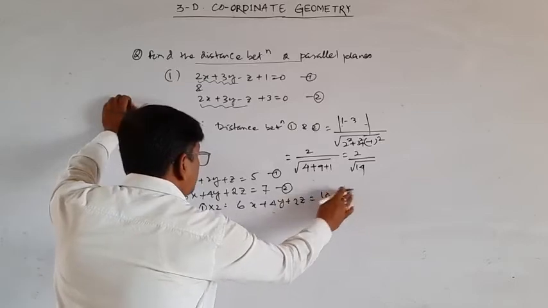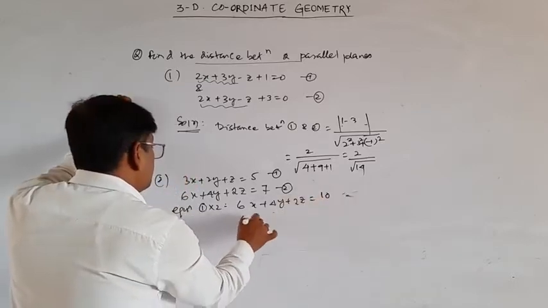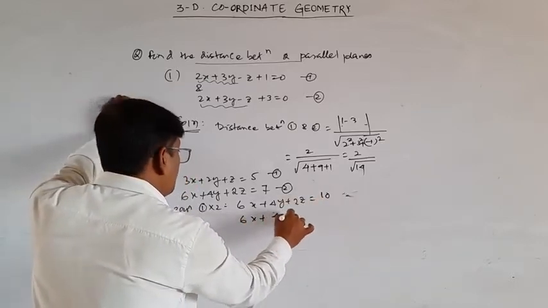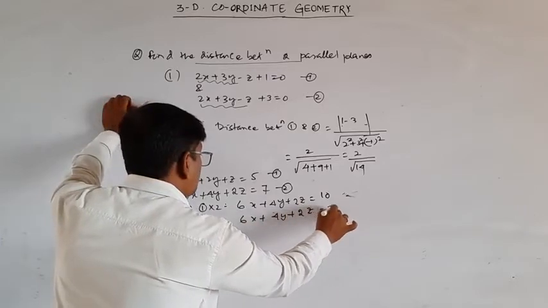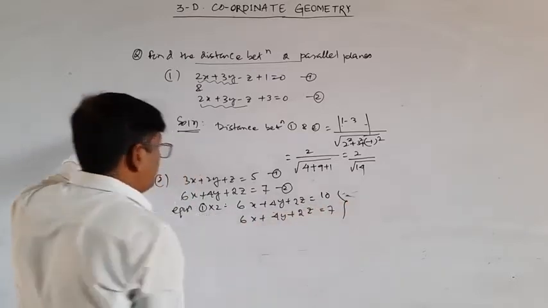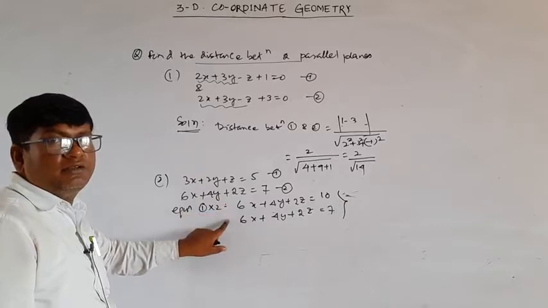It reduces to this, and 6x plus 4y plus 2z is equal to 7. Now apply the formula for these two equations.